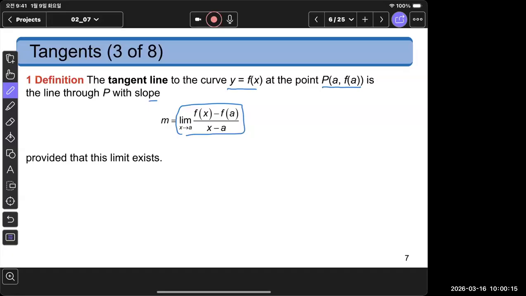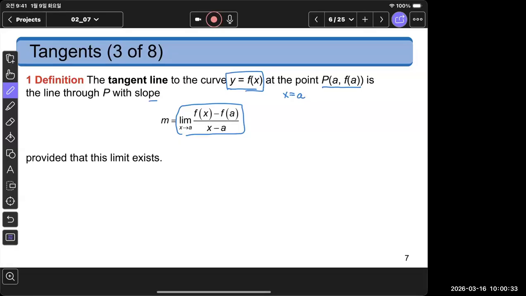Okay, so the tangent line to the curve y equals f of x at the point P, or sometimes people simply say at a, is the line through P with this slope m.